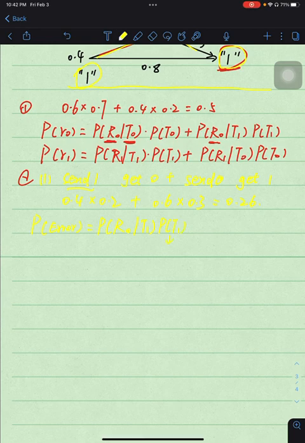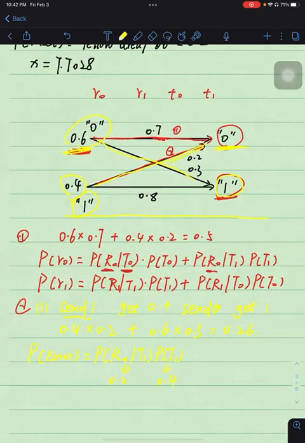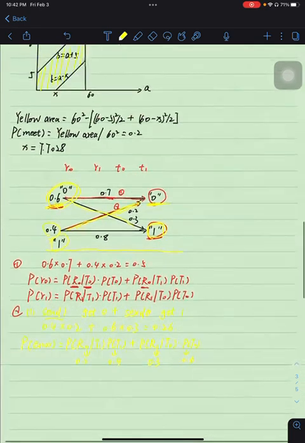This is 0.4, and this is 0.2. Then we get 0 this way. And another is when we get 1, but we send 0. When we get 1, we send 0 this way. This is 0.6, and this is the plus. So we can get the answer. That's the question.